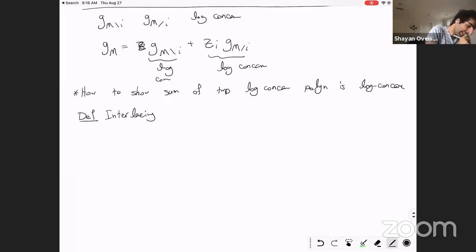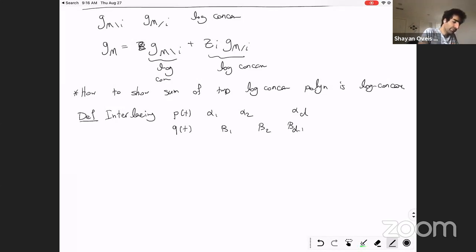So let's say you have two polynomials P and Q. These are real rooted polynomials. Let's say the roots of P are alpha 1, alpha 2, up to alpha D, and the roots of Q are beta 1, beta 2, up to beta D minus 1.